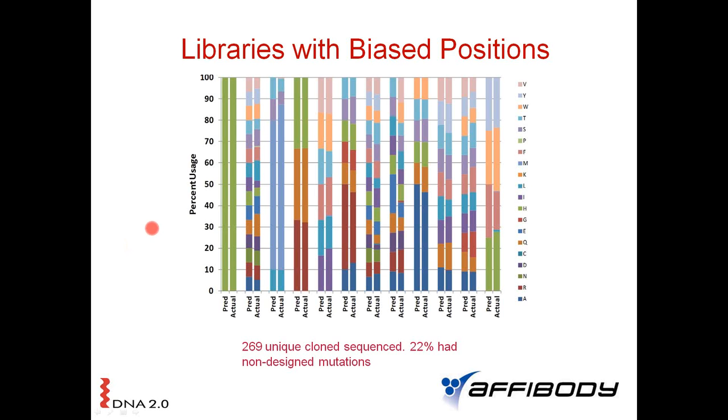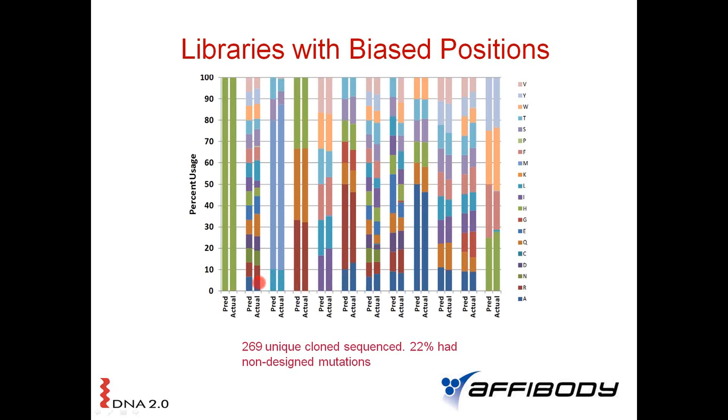This slide, which actually has way too much data on it, is an example of a situation where customers specified in some positions, you can see here, whatever the specification is for this particular color of blue, they wanted a lot of that codon in this position with a, if you will, a sprinkling of other codons. And in other positions, they wanted essentially an even distribution of a large number of different codons.